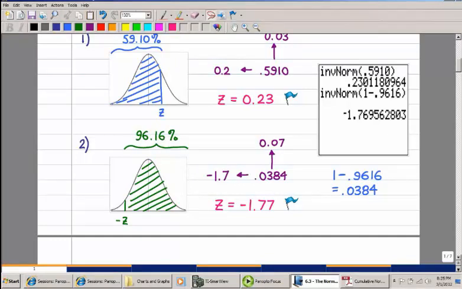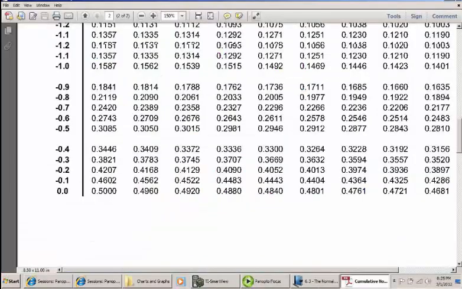So I have to take 1 minus that amount to figure out what my area to the left is. So over here, I have 1 minus 0.9616 equals 0.0384. That's the value we're going to look up on the chart, 0.0384, which will be on the negative side.